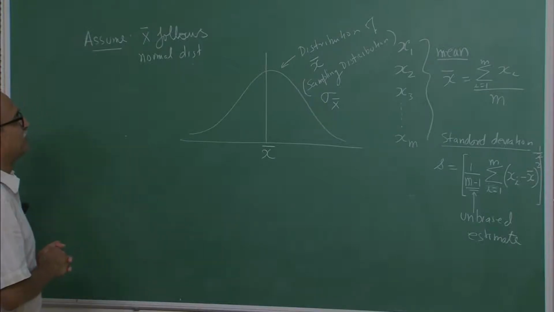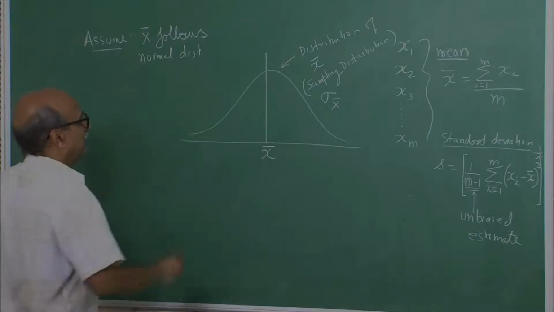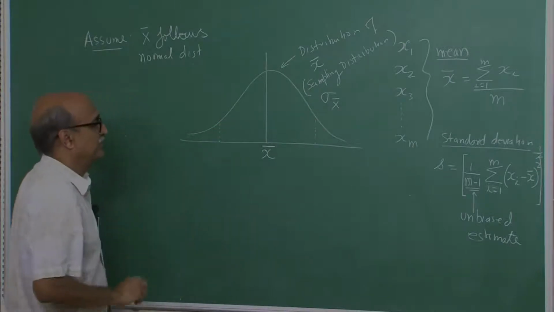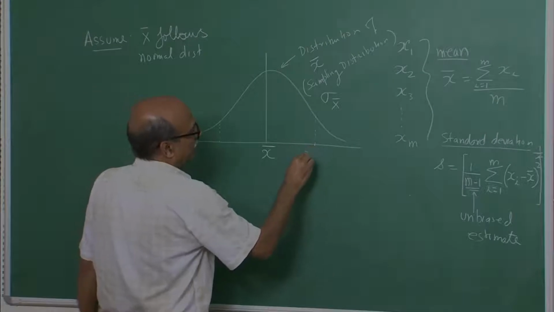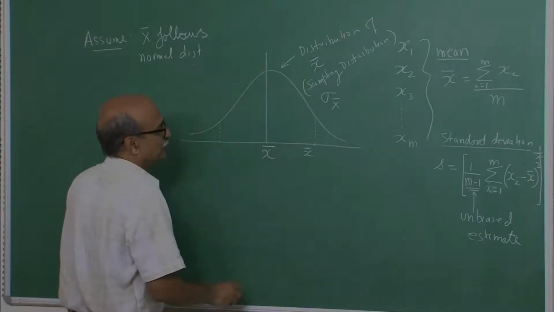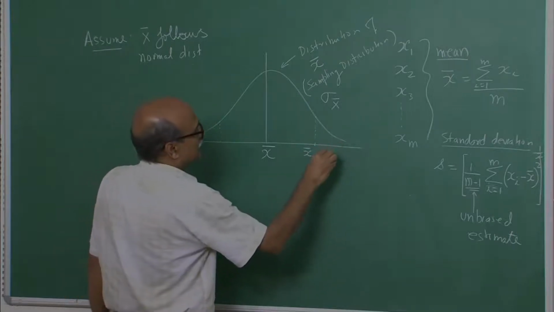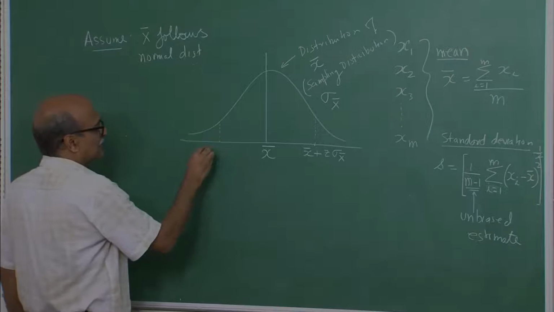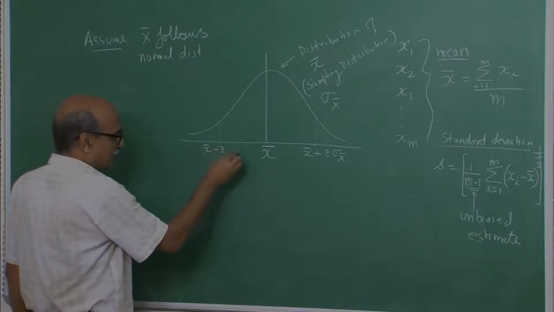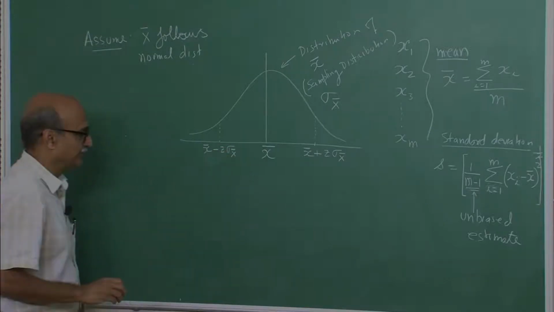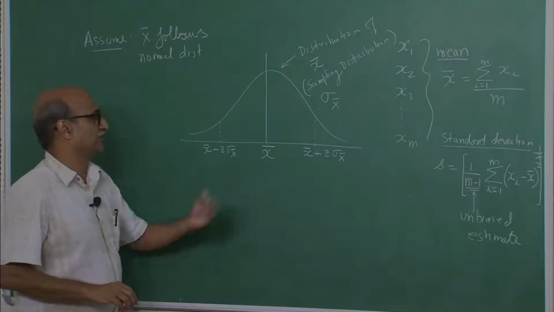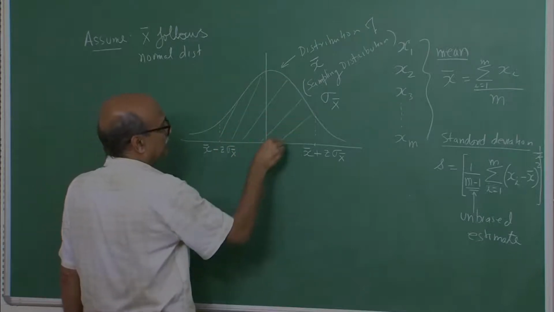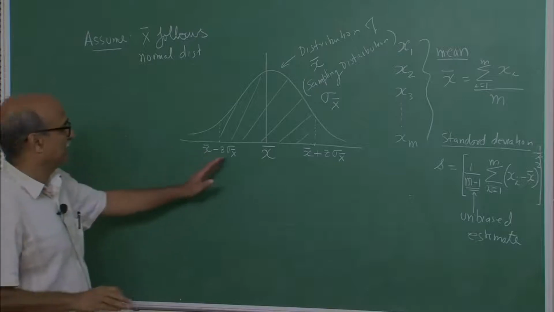One property of the standard deviation of the normal distribution is that if I take a number z and take a point here which is x bar, the mean of this particular distribution, plus z times sigma x bar, and take another point on the left of x bar which is the mean minus the same number z times the standard deviation, then irrespective of the mean or the standard deviation, the area in this region is fixed for a given value of z.